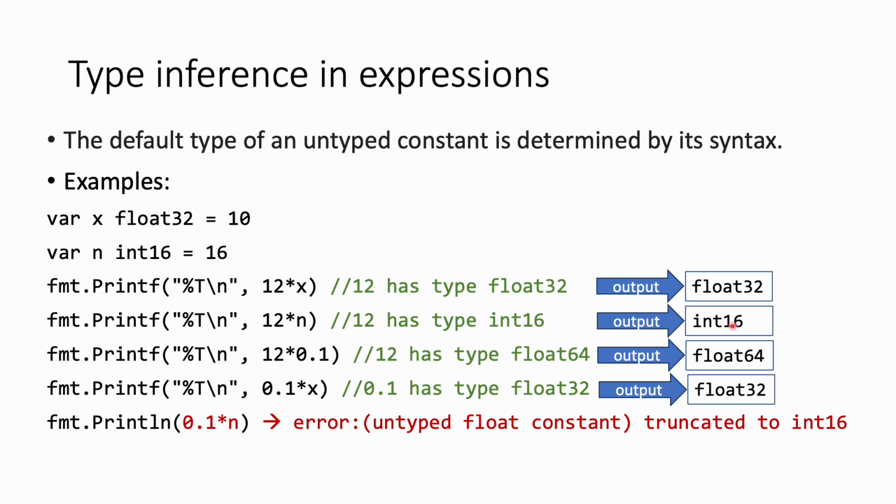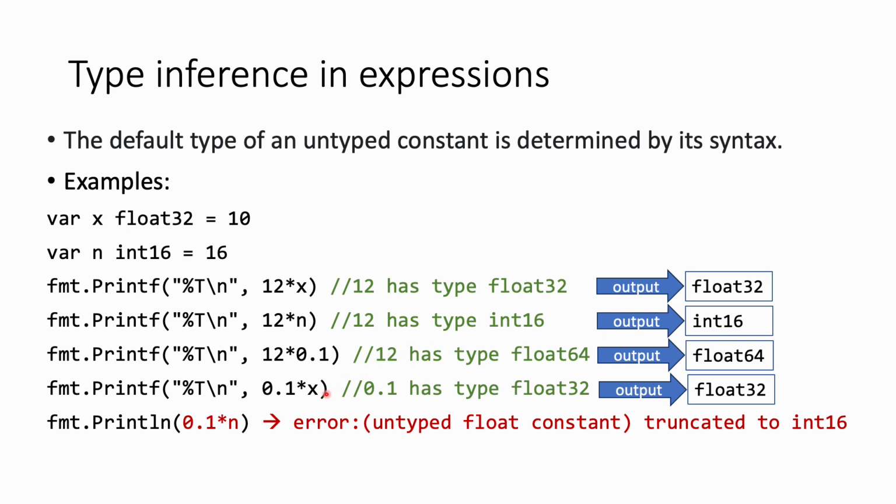That is because the type of the operation 12 multiplying n is int16. So the type of each of its operands must be int16 as well.